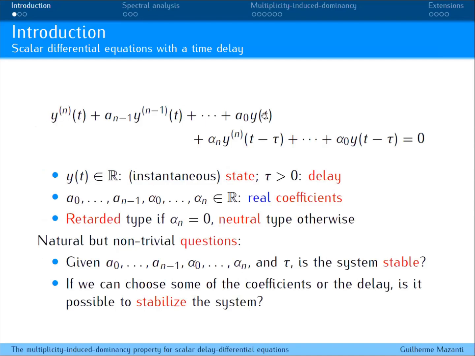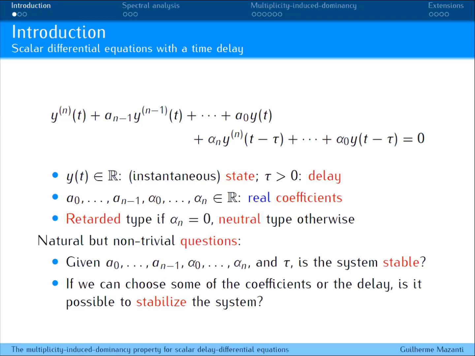I have n derivatives in the non-delayed part, and at most n derivatives in the delayed part. I say at most because some of these coefficients may be zero. So my system is determined by these coefficients a0 until an minus 1, alpha 0 until alpha n, which I assume to be real.